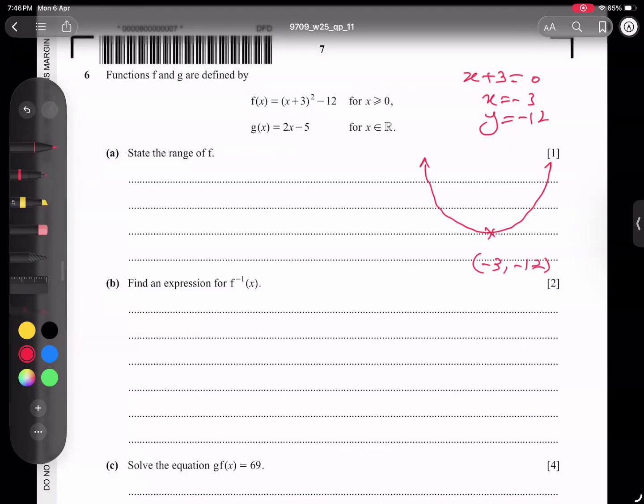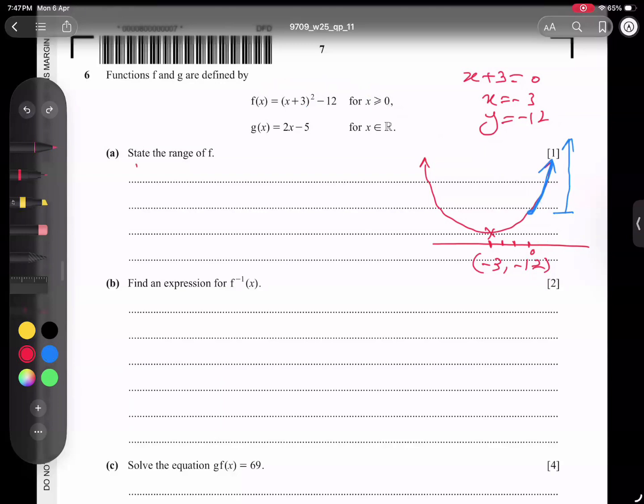But if you look carefully, he's saying don't start from this turning point. Start from 0. So if you check it, this is a number line I'm showing here. This is negative 3, negative 2, negative 1, 0. So it means we have to go up, up, and stop. So this part of the curve, we need it, and this y value we need. So 0, I'm going to plug in there.